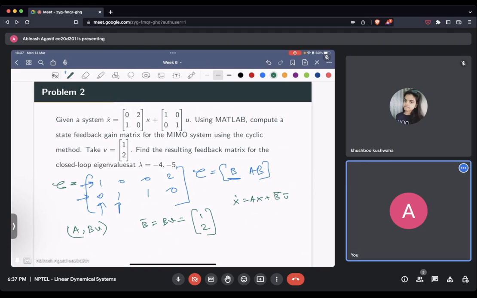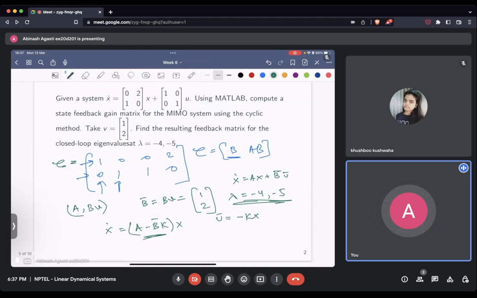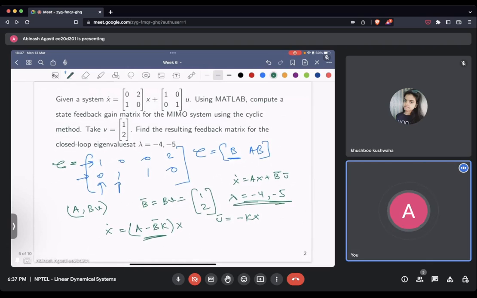For this, I want my lambda to be at -4 and -5. So let us do the standard procedure. Let us take u bar equal to minus kx, then x dot equals (A minus b bar k) x, and I need this matrix to have these eigenvalues. That is the standard procedure. Let us solve that.